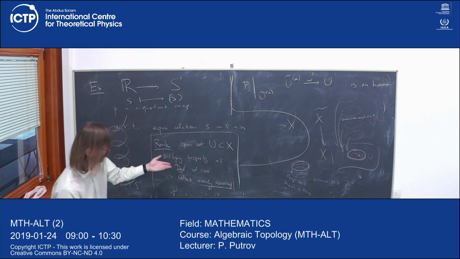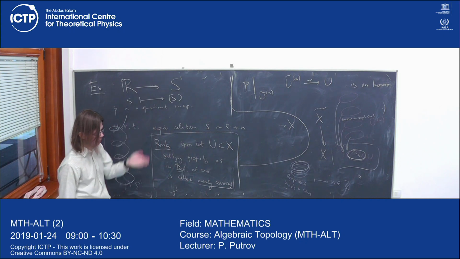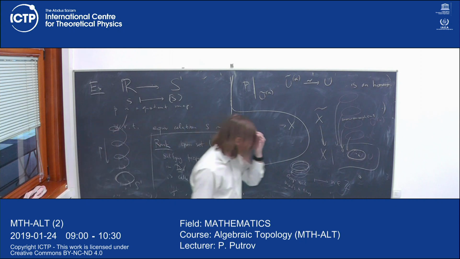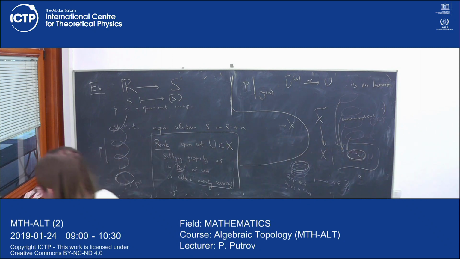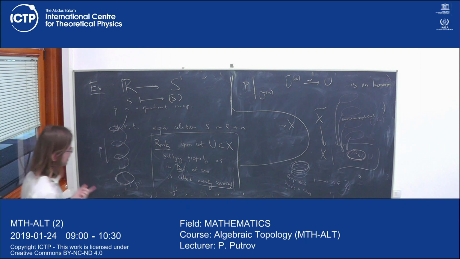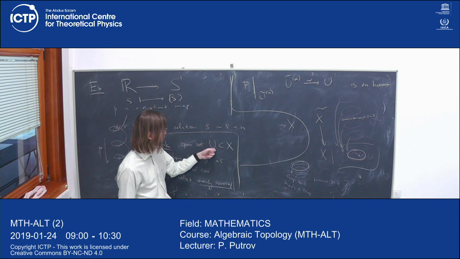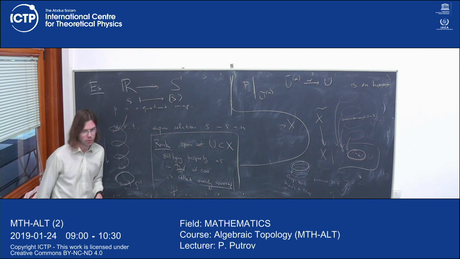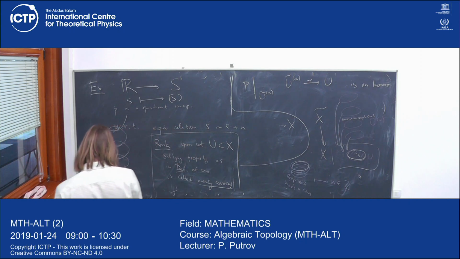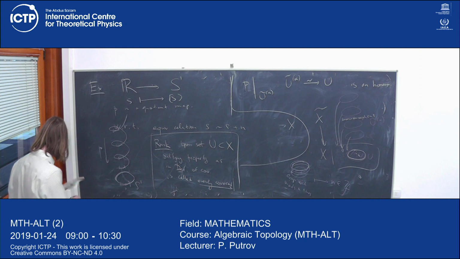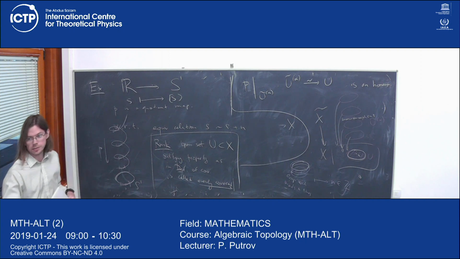By property, I mean that its preimage with respect to the covering map is a disjoint union of open sets, such that if the covering map P is restricted to any of them, it provides a homeomorphism. Questions?